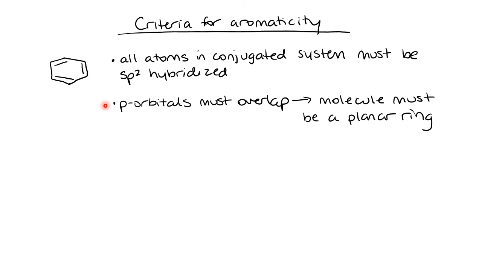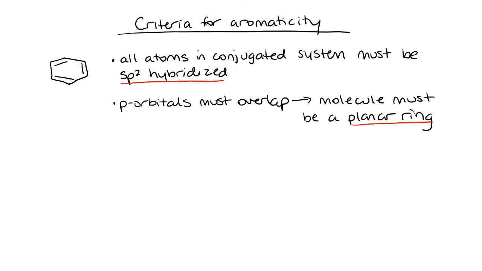Now this is important because atoms that are sp2 hybridized also have one unhybridized p orbital. Now in order for a compound to be aromatic, the p orbitals must overlap continuously with one another. What that means is the molecule must be a planar ring. Okay, so we have 2 pieces of criteria so far, sp2 hybridization and a planar ring.